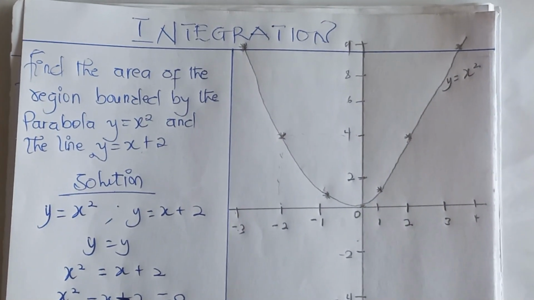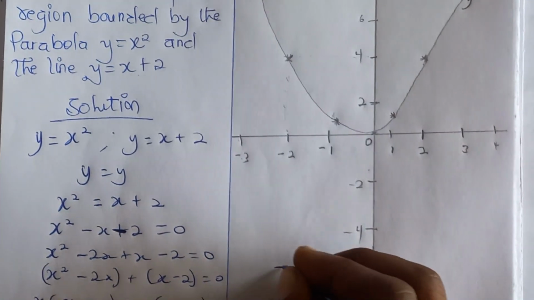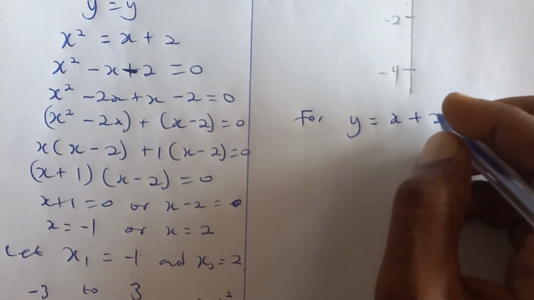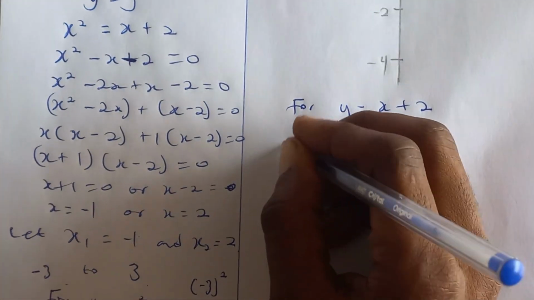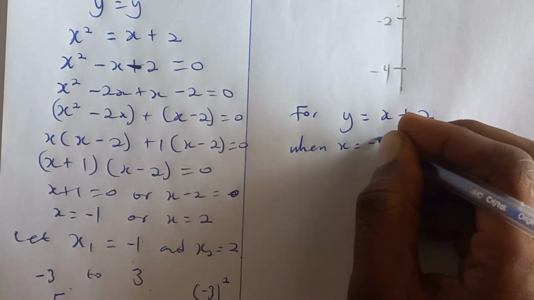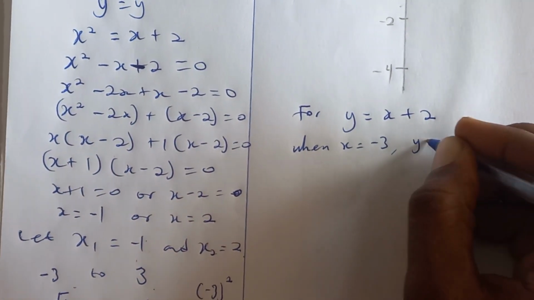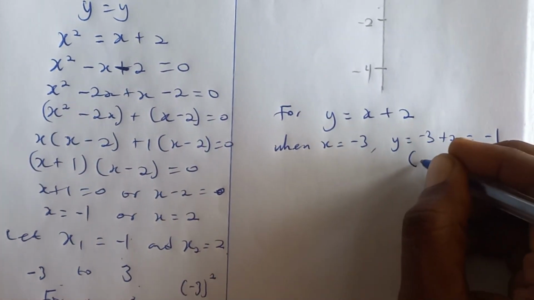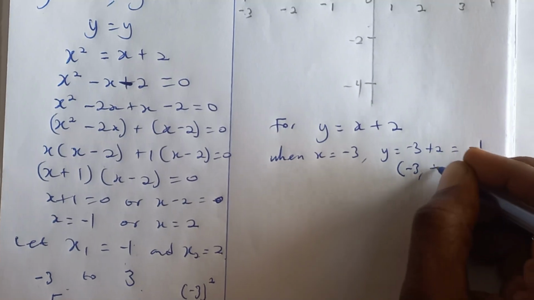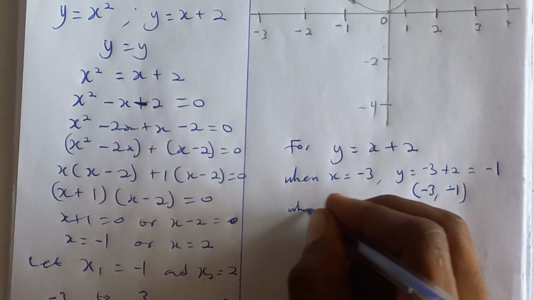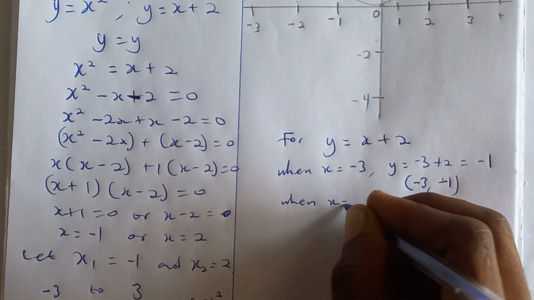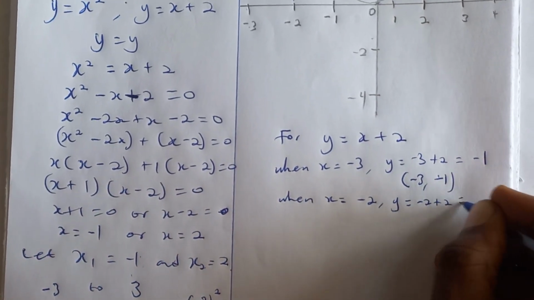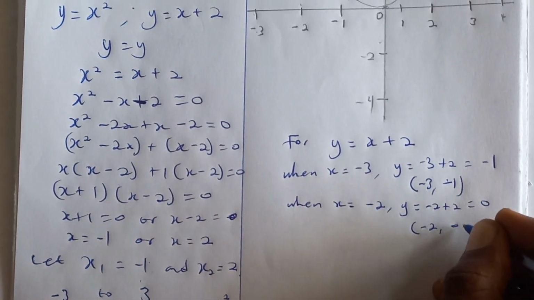Now let's look for the coordinates for y is equal to x plus 2. Similar to this, when x is equal to -3, y is equal to -3 plus 2, which is -1. So we have -3, negative 1. When x is equal to negative 2, y is equal to negative 2 plus 2, which is 0. So we have negative 2, 0.